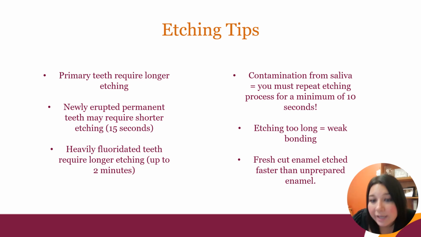Etching too long can actually cause weaker bonding, and fresh cut enamel etches faster than unprepared enamel. So if a doctor is preparing a filling on a chipped tooth, it's usually better to have them roughen the surface around that chipped tooth for better bonding versus just leaving it unprepared and trying to bond on top of it.